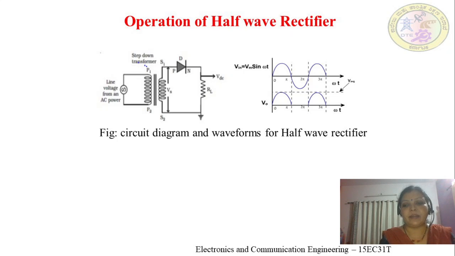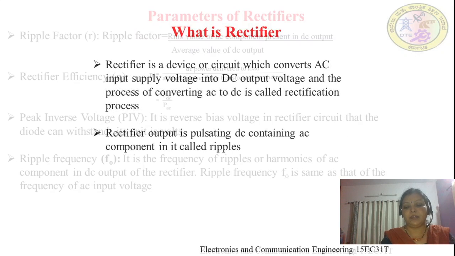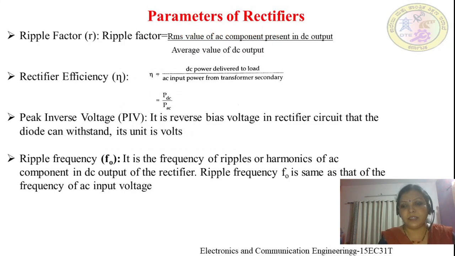So ripple factor is the ratio of the RMS value of the AC component present in the DC output to the average value of the DC output. The ripple factor for a half wave rectifier is 1.21. Keep in mind it is 1.21.